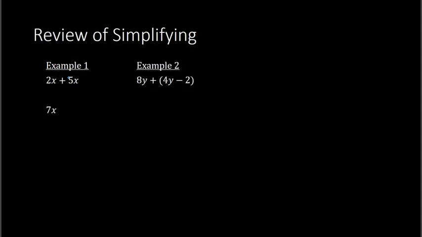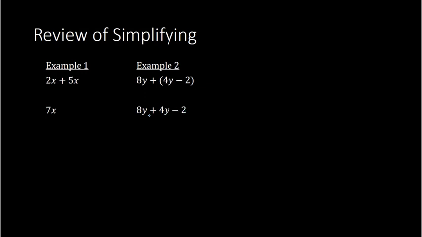Example 2, we have 8y plus (4y minus 2). So here we are adding this whole thing, so we're adding a 4y and adding a negative 2, which in effect would simply get rid of the parentheses. We have a plus 4y and then the minus 2.